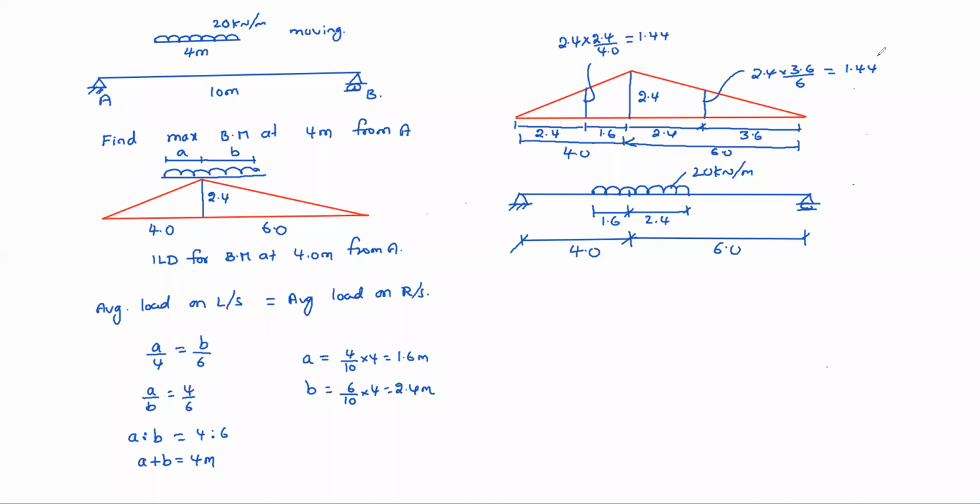Okay. Now, you know the logic here. Area under UDL multiplied by intensity, right? This area we need to find. You need to find that area.